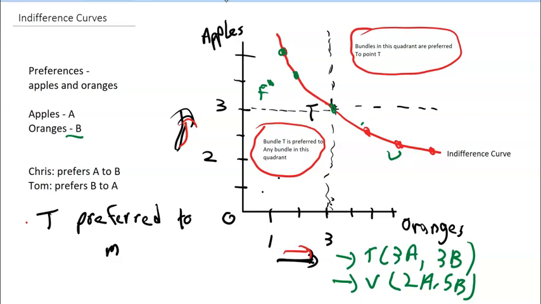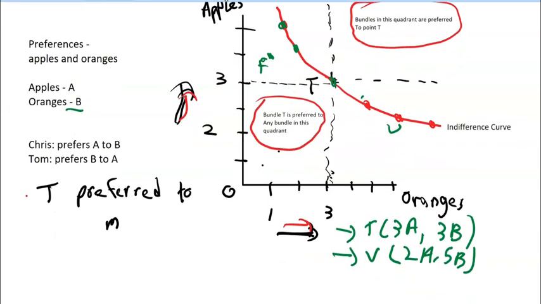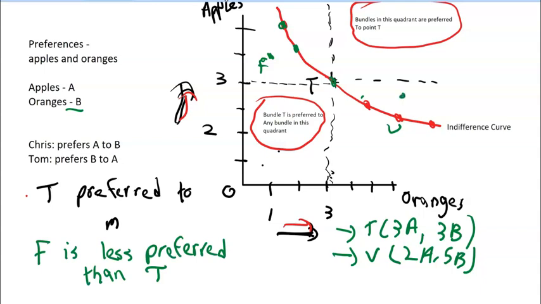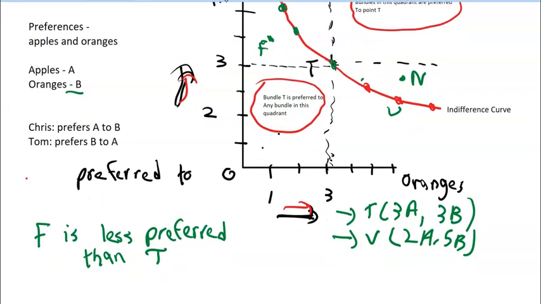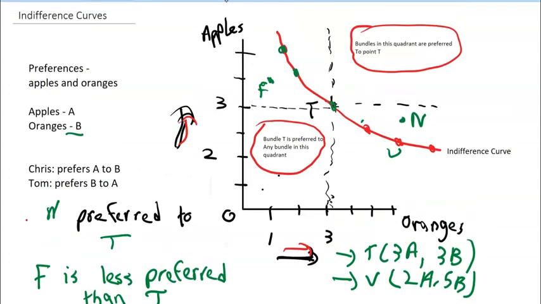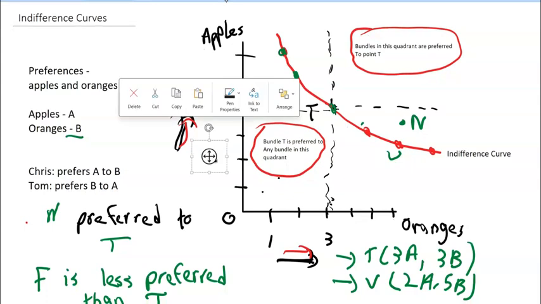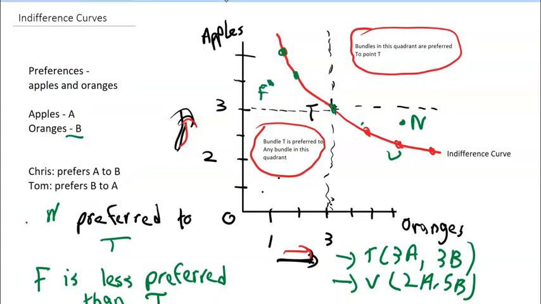If Chris is indifferent along this line, then point F is less preferred than point T. The same goes for a point here, point N: we can see this point is higher than the indifference curve, so Chris prefers bundle N to bundle T. Such a line helps us understand what a person likes. If a person is given different choices, which choice are they going to take? And this is completely up to the person's preferences.